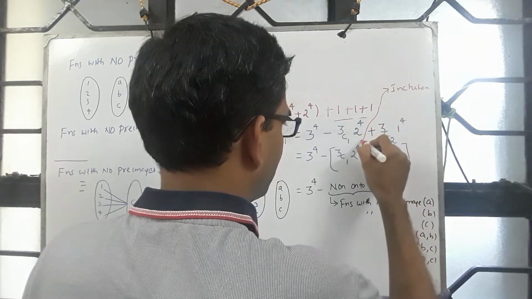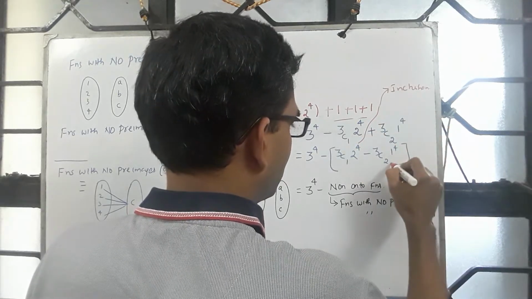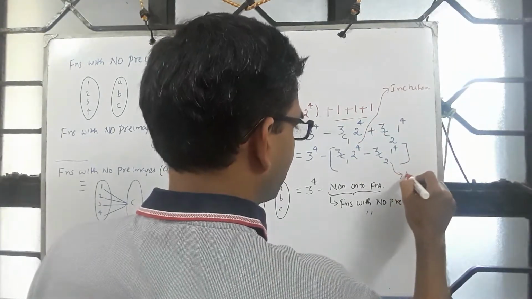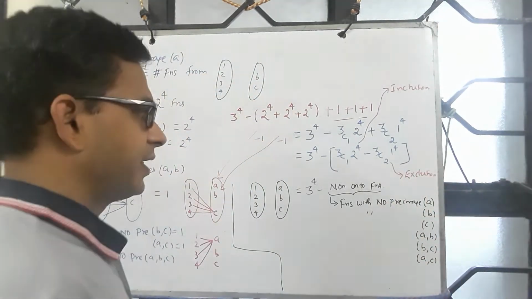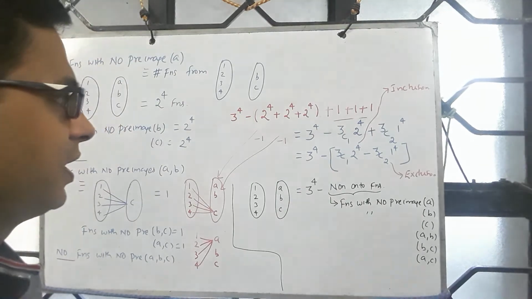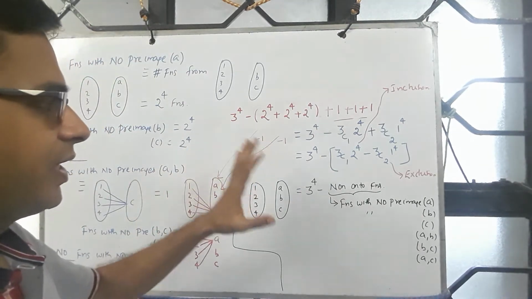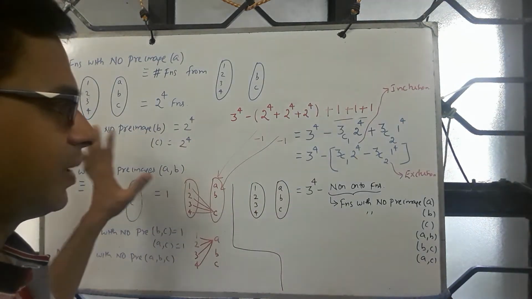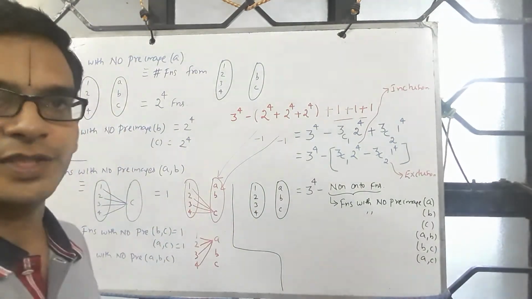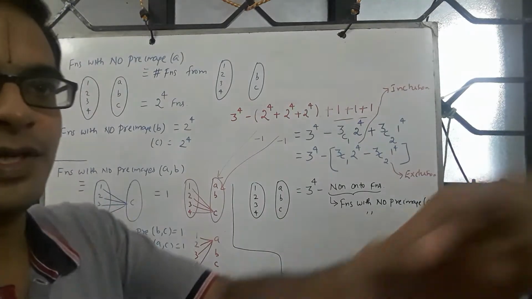You see that this is included, and because of double counting this is getting excluded. So we alternate between inclusion and exclusion. We take this idea and look at a set of size n to a set of size m and apply the principle of inclusion exclusion. That's precisely the focus.